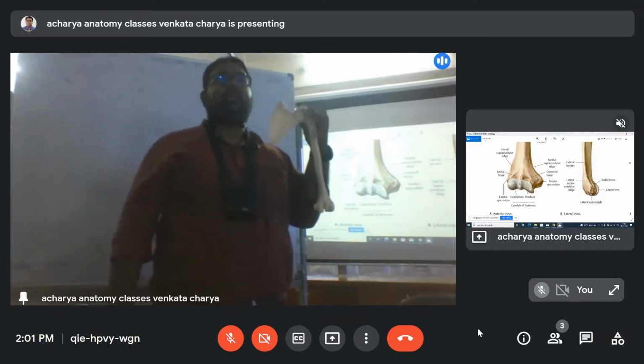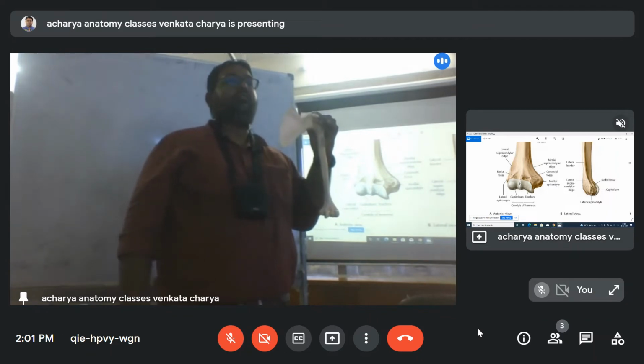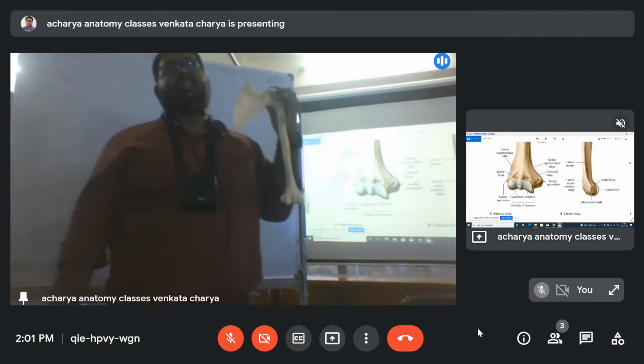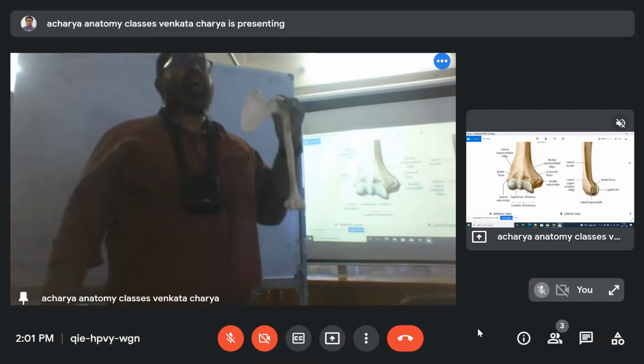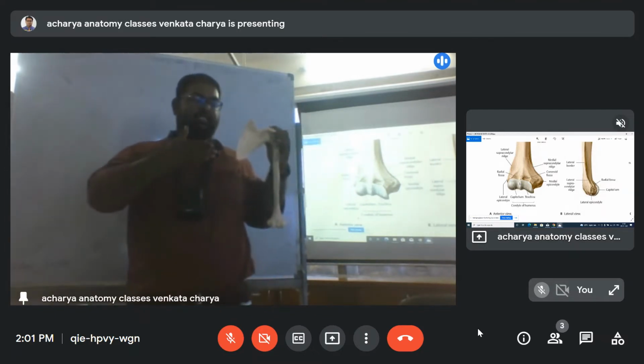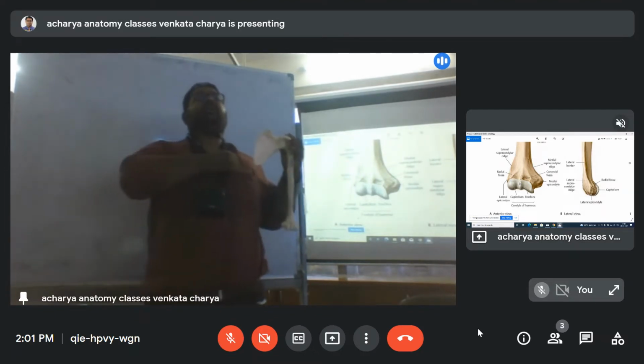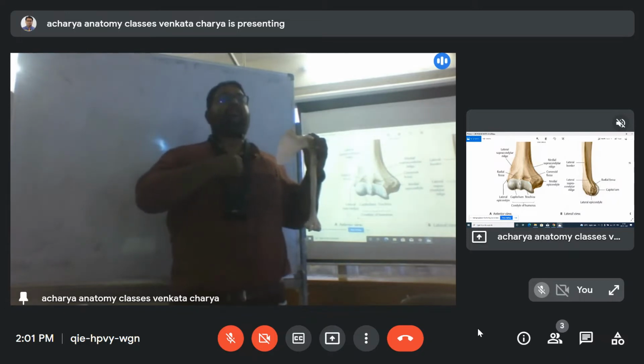Next, number two, the lateral lip. In the lateral lip there is an insertion of the pectoralis major muscle. Pectoralis major originates from the anterior surface of the medial two-thirds of the clavicle, and also from the sternum, the manubrium and body of the sternum, up to the 6th costal cartilage.